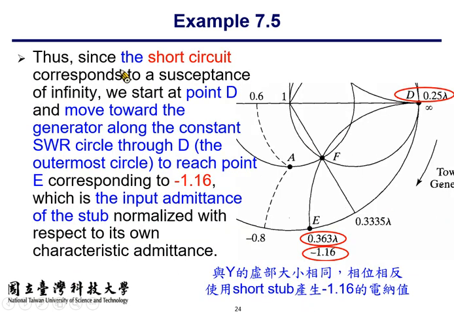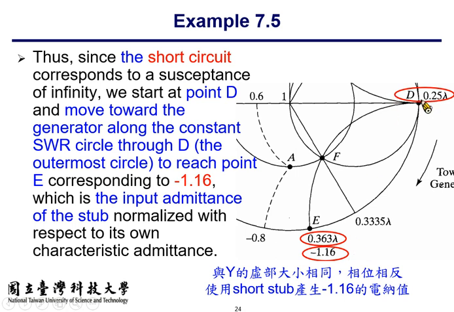So the next question is how to create a short circuit stop with an input susceptance of minus 1.16. So again, we will use the Smith chart and look at the ticks and values to create a short stop that provides minus 1.16 susceptance.